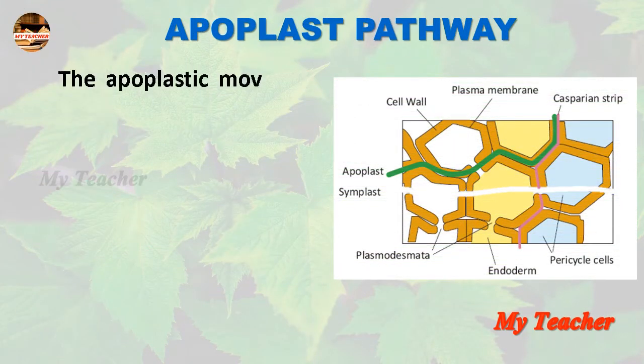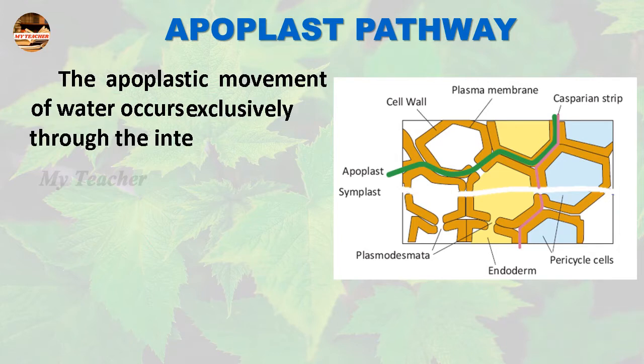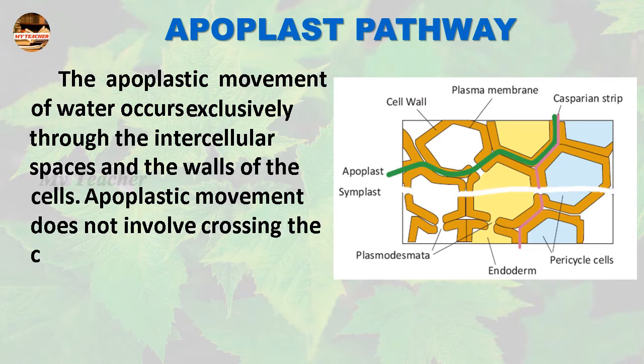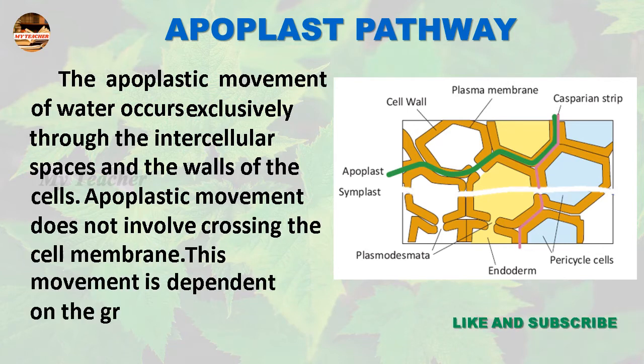The apoplastic movement of water occurs exclusively through the intercellular spaces and the walls of the cells. Apoplastic movement does not involve crossing the cell membrane. This movement is dependent on the gradient. From the picture, you can see the Apoplast Pathway.